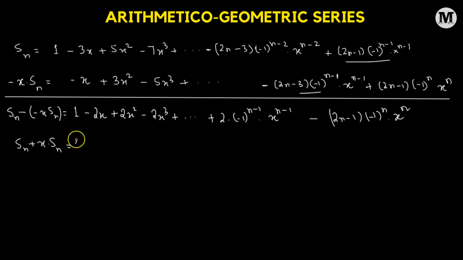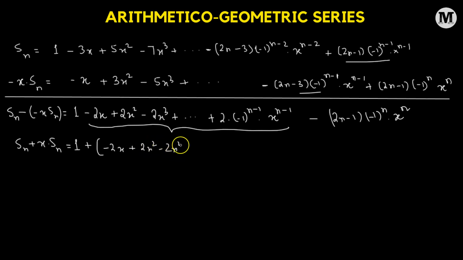This is going to be equal to 1. Now we will take the second term all the way up to the second last term. So we have negative 2x plus 2x squared minus 2x cubed plus, all the way up to the last term, which is 2 times negative 1 raised to the power of n minus 1 times x raised to the power of n minus 1, minus (2n minus 1) times negative 1 raised to the power of n times x raised to the power of n.